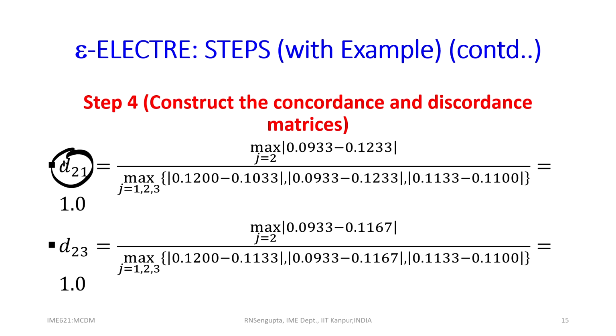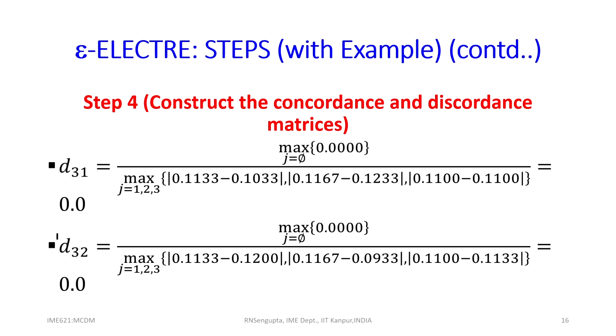It can be possible. When I similarly continue D 2 1, D 2 3, and finally, when I consider D 3 1, D 3 2, utilizing that I find out the discordant matrix.